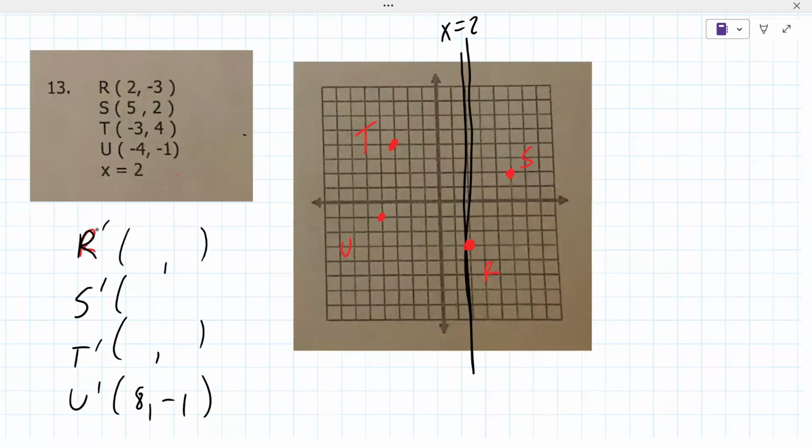S prime is -1, 3. It's got to have the same y value. They always have the same y value. Okay, it is -1, yeah, and then -1, 2. Yes.